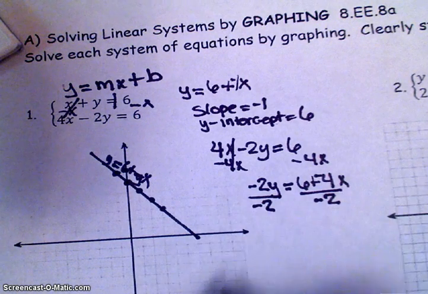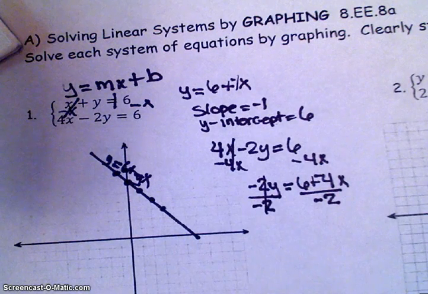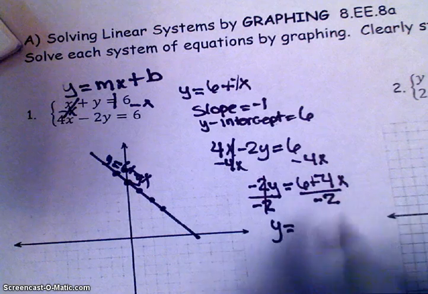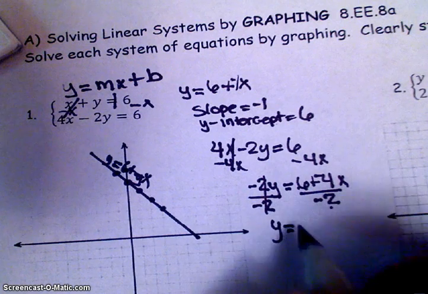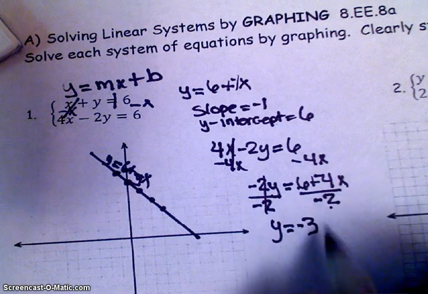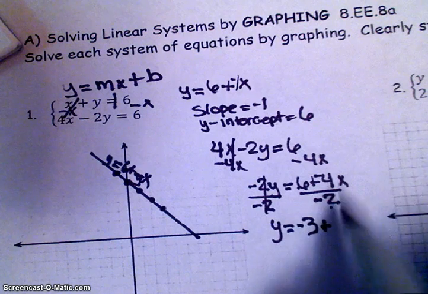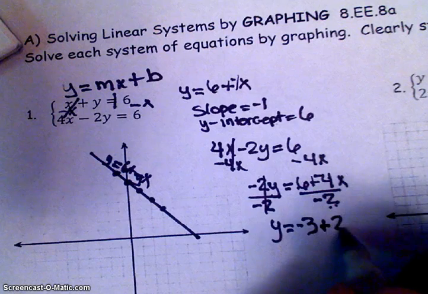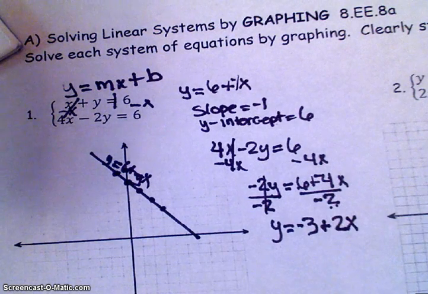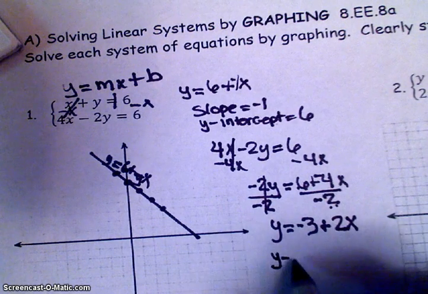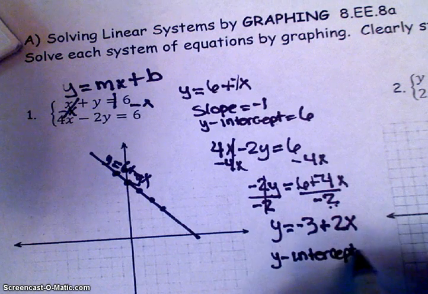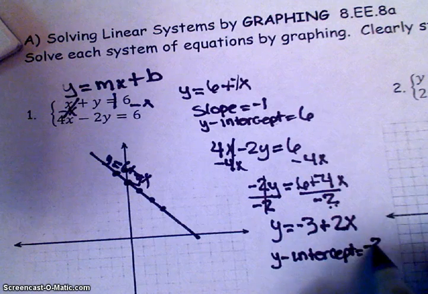-2 divided by -2 simplifies to be +1. 1 times y is just y, equals 6 divided by -2 is -3, plus -4 divided by -2 is going to give me +2x. My y-intercept is equal to -3.